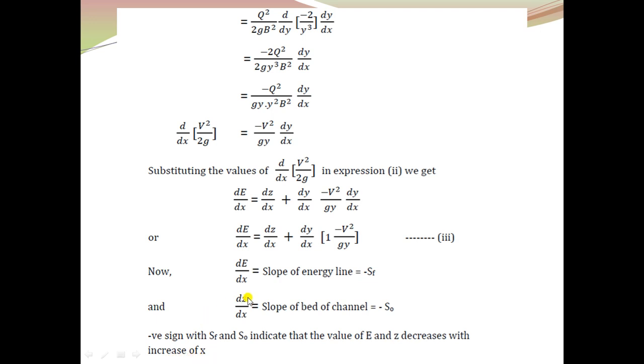In the same way, dz by dx will be slope of bed of channel, which is nothing but S0, and dz by dx is minus S0. So why minus? Again, negative sign indicates the value of z is also decreasing with the increase in the value of x.